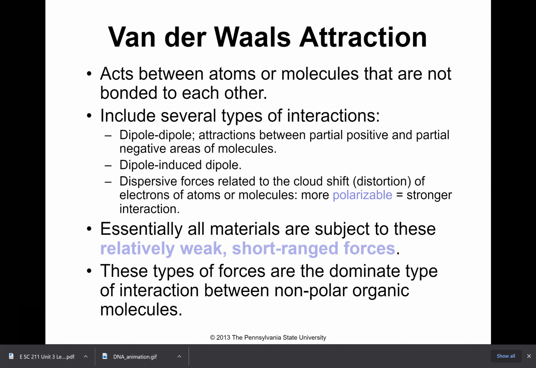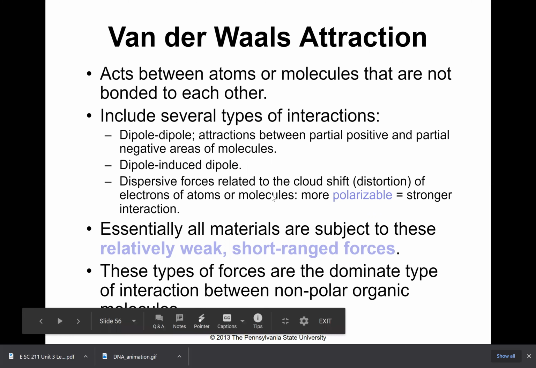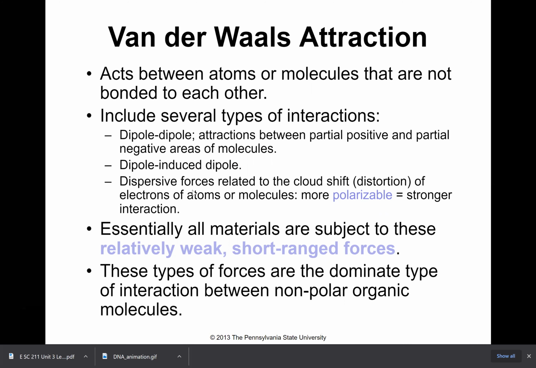Interesting. Dipole-induced dipole and dispersive forces related to the cloud shift, which is what I was talking about before, of electrons of atoms or molecules. So this is where the partial negative cloud around a molecule moves around constantly.